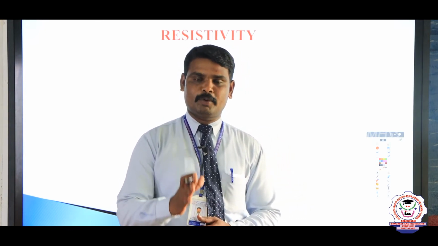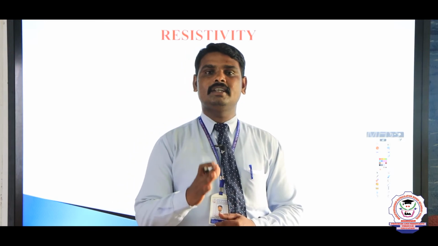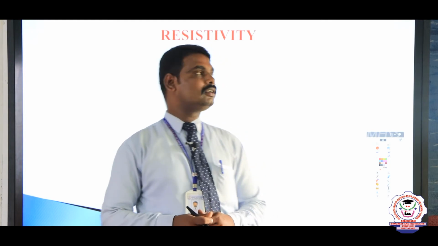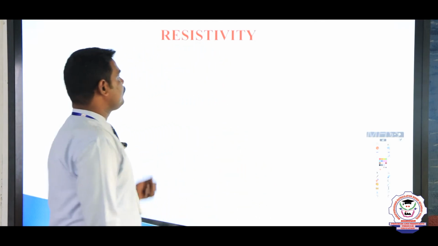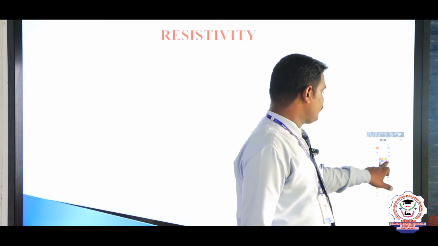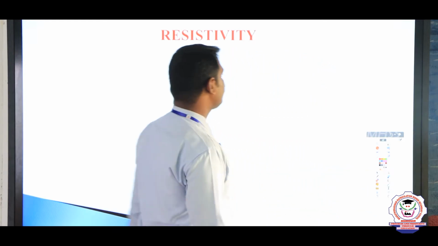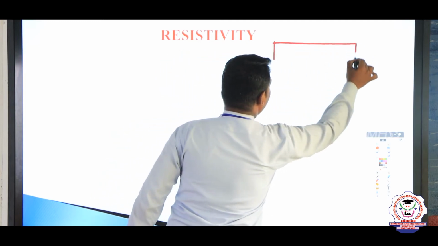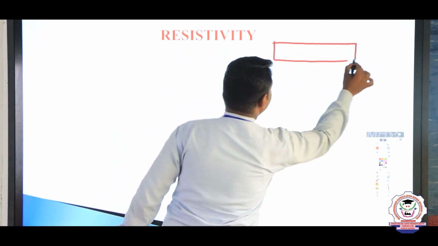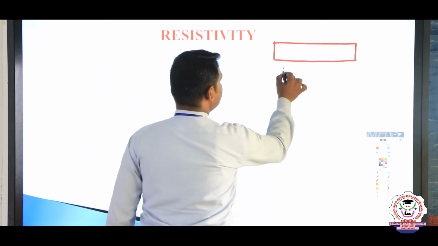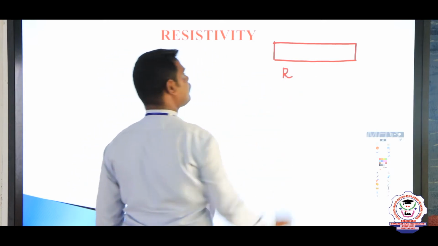V is the electric potential, I is electric current, and R is resistance. Let us consider one conductor. This is one conductor. It has some resistance. The resistance is R.